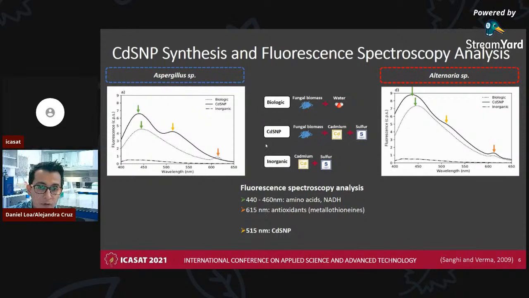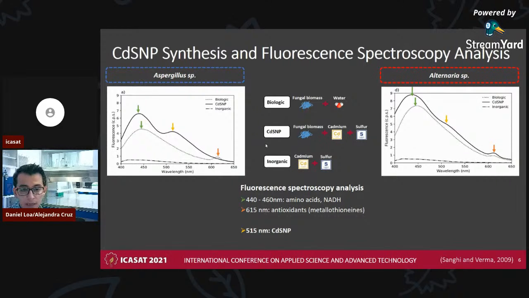By fluorescence spectroscopy analysis at an excitation wavelength of 365 nanometers, we found a band around 440 to 460 nanometers corresponding to amino acids and the NADH enzymatic cofactor. We also found a peak at 615 nanometers corresponding to antioxidants and metallothioneins involved in the reduction process to synthesize cadmium sulfide nanoparticles.